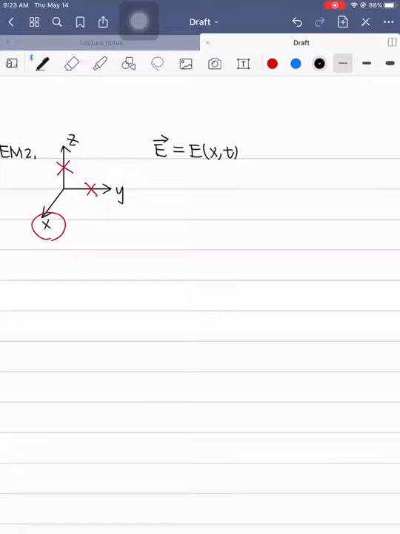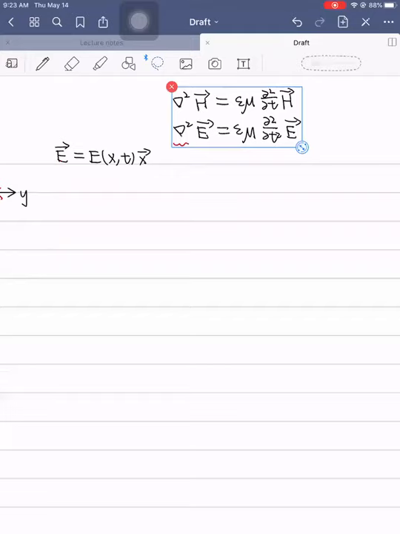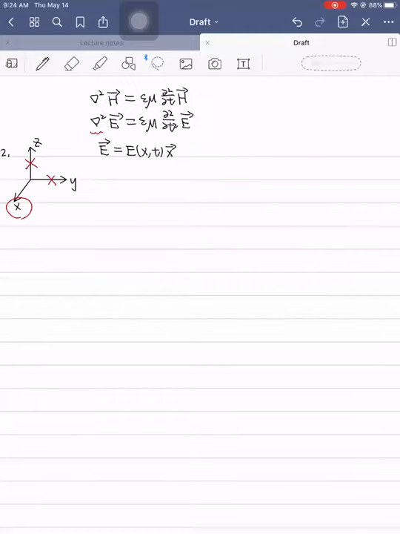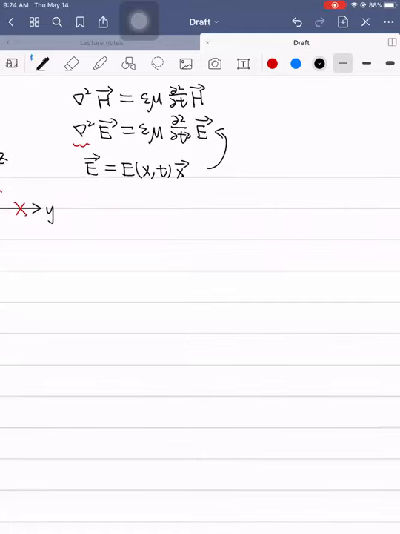Then we substitute this into the equation we just got.